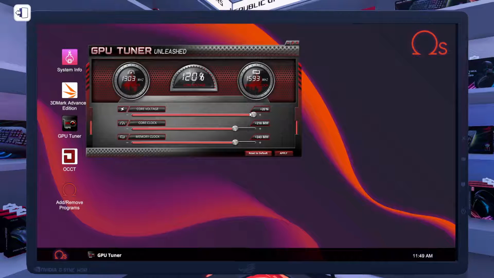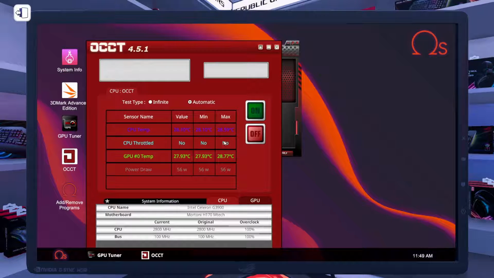So we go to GPU tuner. We'll put the clocks down to, so it's 1,770. Let's click apply. Open up OCCT. Just run the automatic test to make sure it is stable. And again, that's running at 2.8 gigahertz.